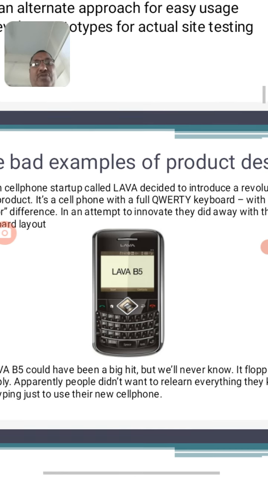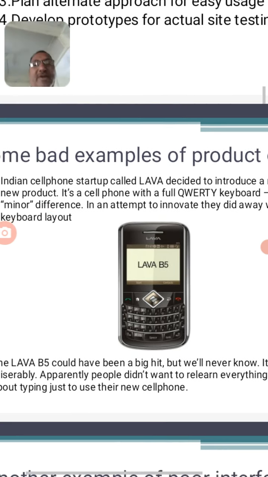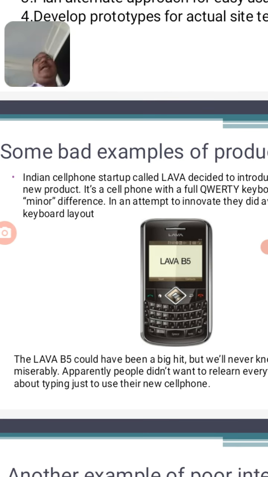It is an attempt to innovate. They did away with the keyboard layout. They have designed the complete product with a standard keyboard, but they have made a few changes, hardly one change in the keyboard, so that they will understand their innovation.